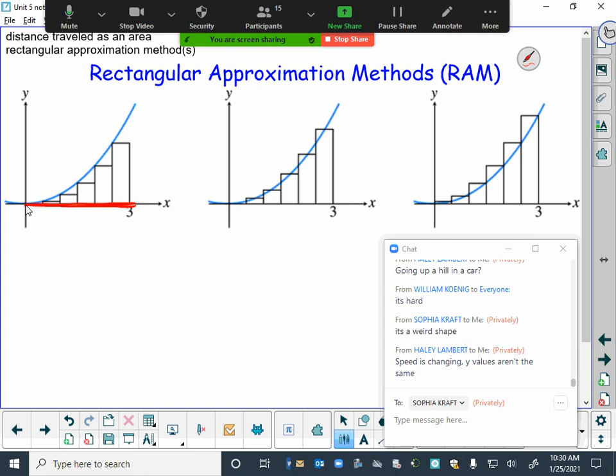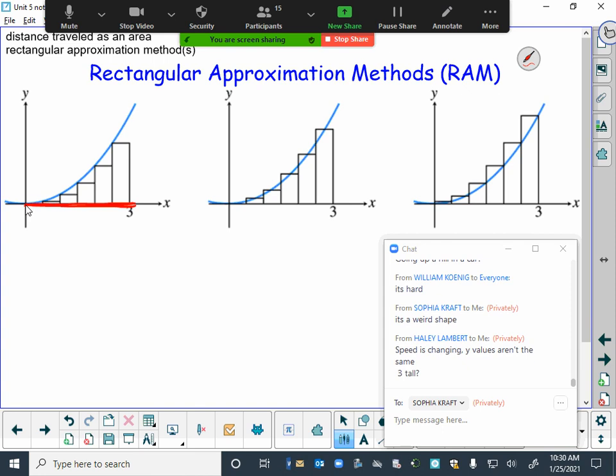If I make that 3 units long, how tall should I make that rectangle to get a guess at what the area trapped under that curve should be? 3 tall? I don't really know where 3 is, off the top of my head here. I don't know what this curve is exactly, but somewhere along here, I could definitely say it doesn't make any sense to make it this tall.